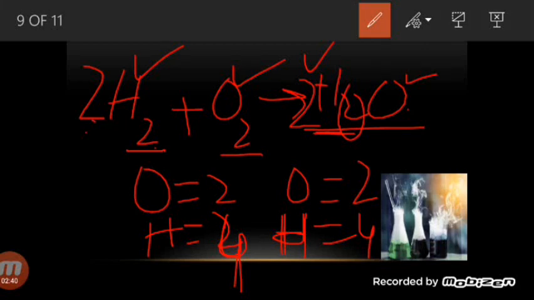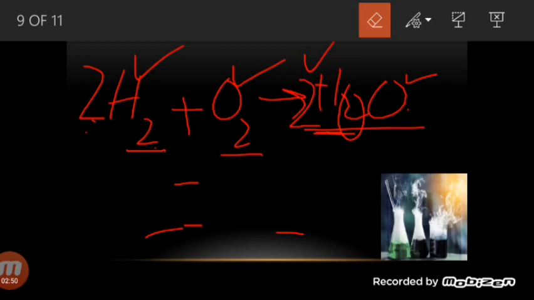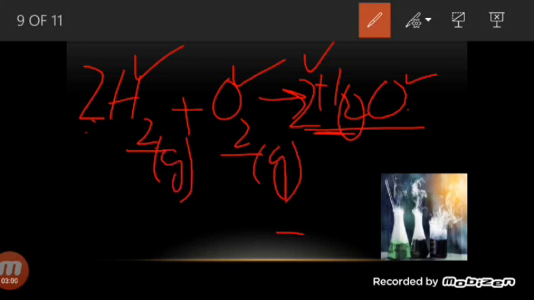The last and the fourth step is to write down the symbols to indicate the physical states of reactants and products. Let me write the symbols for this equation. Here you can see this hydrogen will be taken in the gaseous state, this oxygen will also be taken in the gaseous state, but the product will be found in the liquid state.